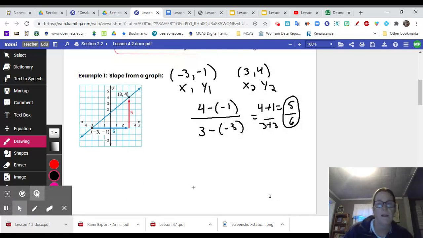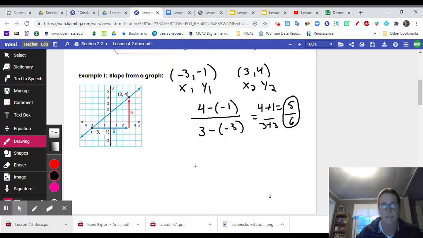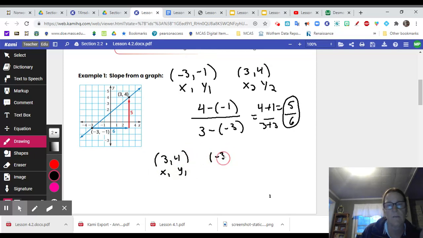Now, what if someone else had looked at these 2 points and labeled it the other way? So they looked at it and said, I see (3, 4) first. That's my first point. And (-3, -1) is my second point. Second x, second y. Would they get a different slope? I hope not, because slope is an intrinsic measurement of the line.